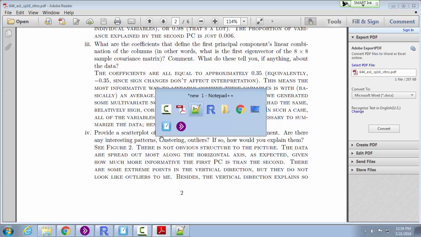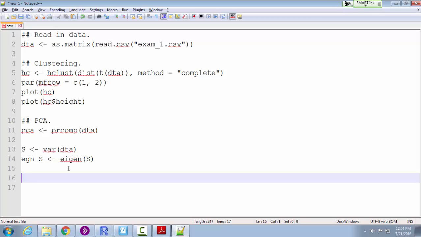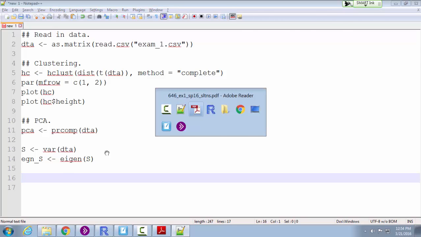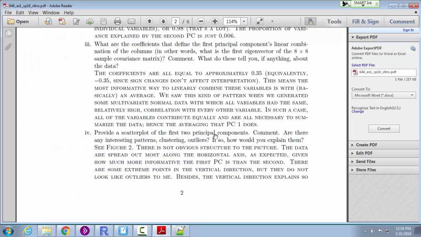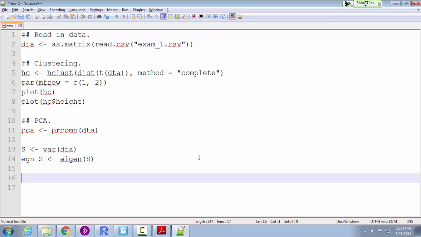So what are the principal components? That is the question I want to clarify. You are asked to provide a plot of the first two principal components, and the principal components are new variables. We have 8 columns, 55,000 rows.